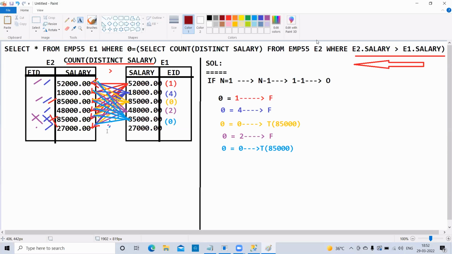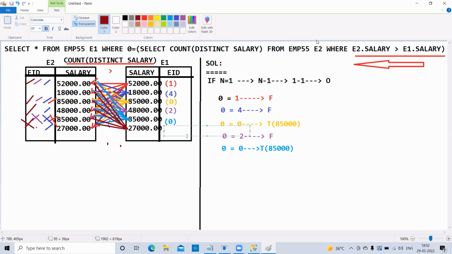And the last one is 27. So 27,000 above, how many values are there? 27 above: 52, 85, 48, 85. So 4 values. But in this one is a duplicate. Duplicate avoided. The remaining 3 values are there.